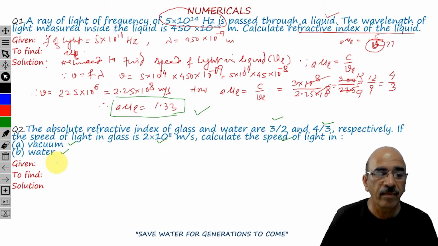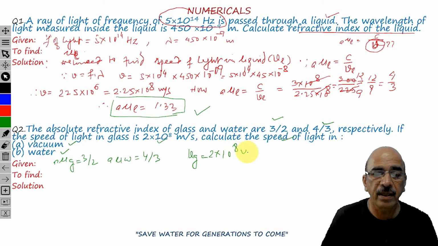So we shall write down a mu g is equal to 3/2, and a mu w will be 4 upon 3, and speed of light in glass. So below speed of light in glass, Vg is 2 into 10 raised to power 8 meter per second. फाइंड क्या करना है, दो चीज फाइंड करनी है. वैक्यूम में स्पीड ऑफ लाइट एंड वाटर में स्पीड ऑफ लाइट.